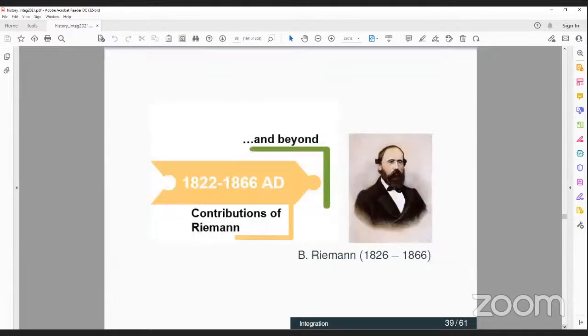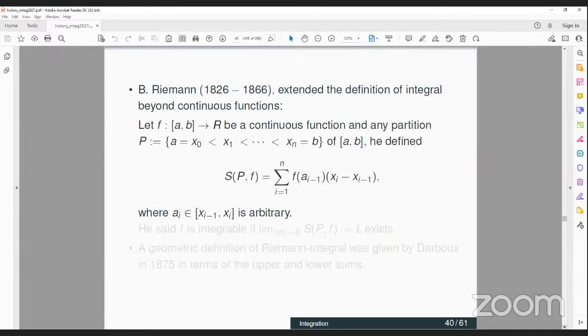Let me quickly say something about Riemann. Riemann's work is known to most of the people who have done undergraduate mathematics. It says basically if f is a continuous function, and P is a partition, look at any point in the subinterval; you can call it a tag, and look at the sums S(P, f). We call them Riemann sums.